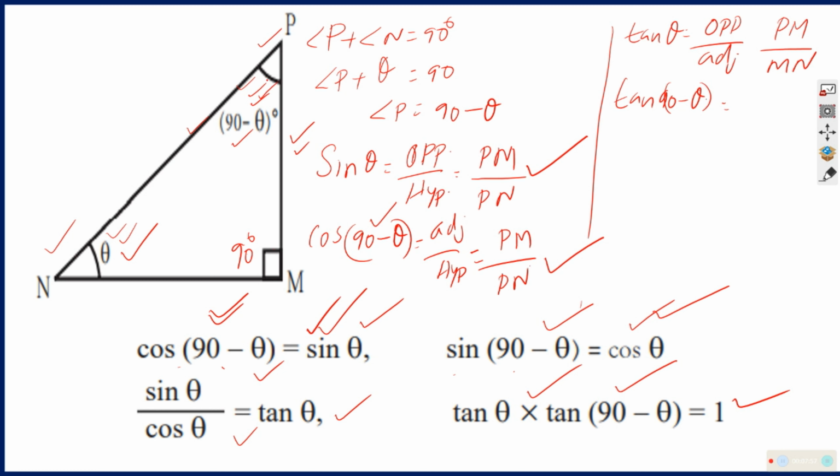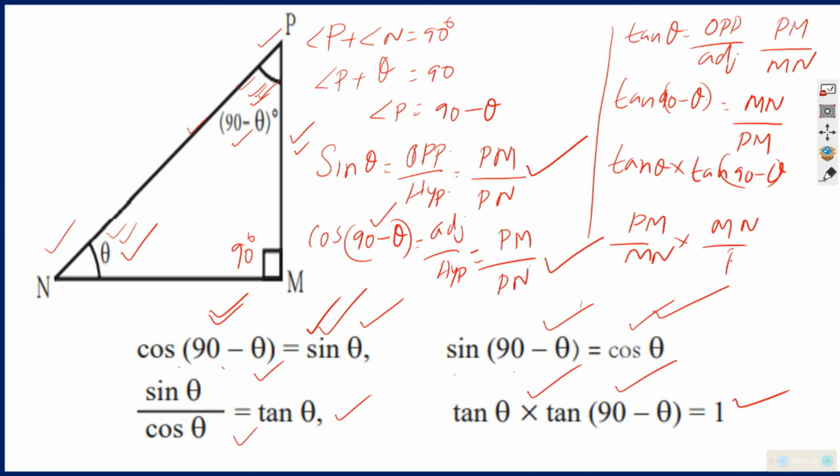Its opposite side is MN, and the adjacent side of 90 minus theta is nothing but PM. Now multiplying these two, tan theta into tan 90 minus theta, we multiply PM upon MN into MN upon PM. So naturally we will get 1 as the answer. That is what is written here.